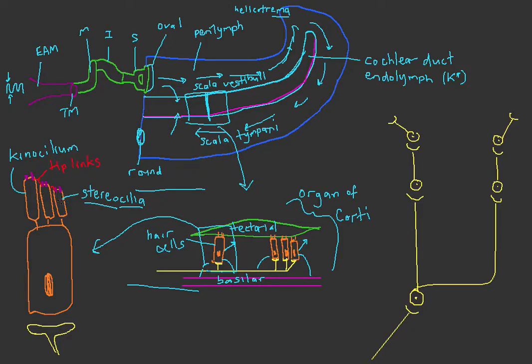So if they're leaning up against the tallest one, which is the kinocilium, then the tip links will be stretched fully. And that means that this hair cell will be turned on. And if the stereocilia are facing the opposite direction of my picture, away from the kinocilium, then the tip links are relaxed and it's turned off.